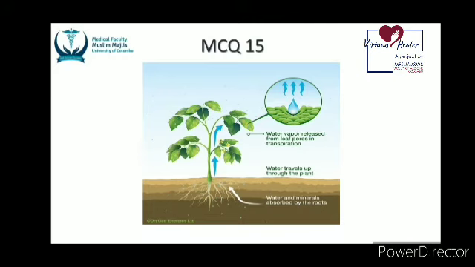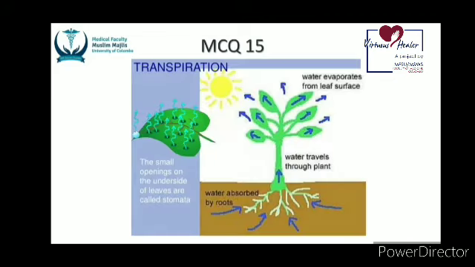Now, transpiration is a process where water leaves the plants through exposed parts of the plant, mainly through the leaves and to a lesser extent through the stem as well. And this water leaves the plants through openings called stomata, which are mainly present on the undersurface of the leaves. During daytime, when there is enough sunlight, the transpiration rate is going to increase.